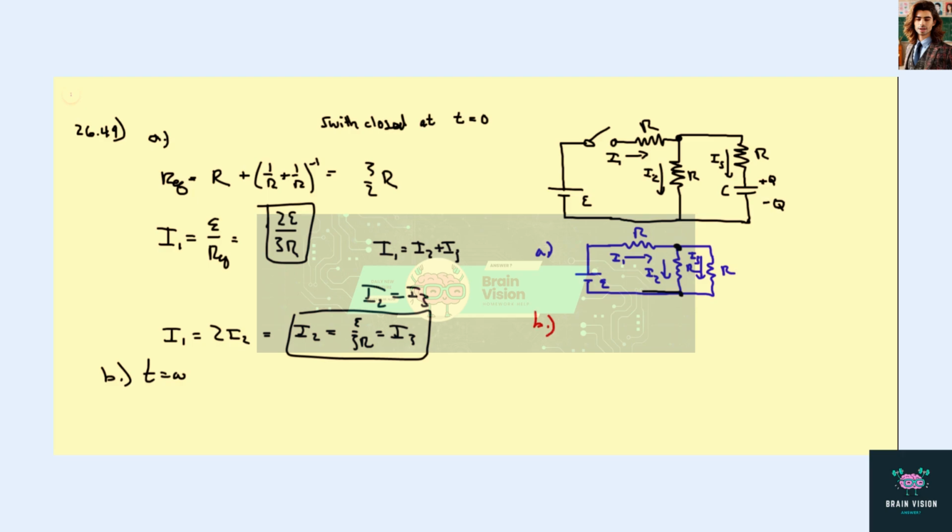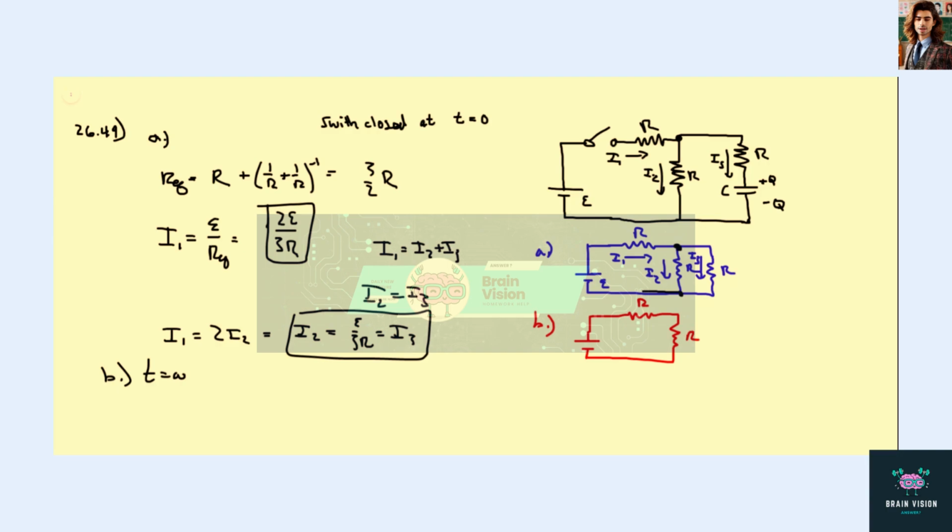So now at time equals infinity, the capacitor is fully charged, so there's no current going through that branch at all. The simpler circuit is made by just eliminating that branch, meaning we just have a circuit here with two resistors in series.